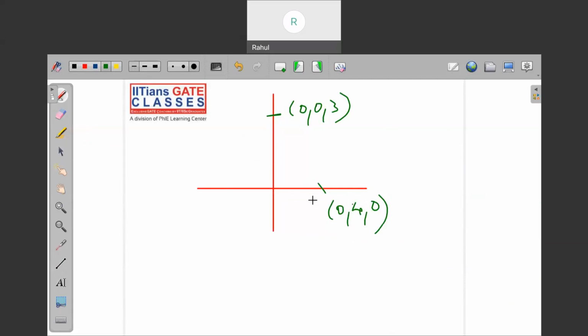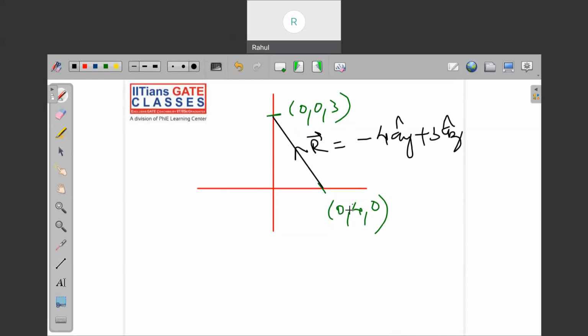So on the y-axis, x is 0 and z is 0. What is the distance between these? The force direction will be in this direction only, right? So how can you compute r? r will be basically this minus this. So 0 minus that, so minus 4ay cap plus 3az cap.